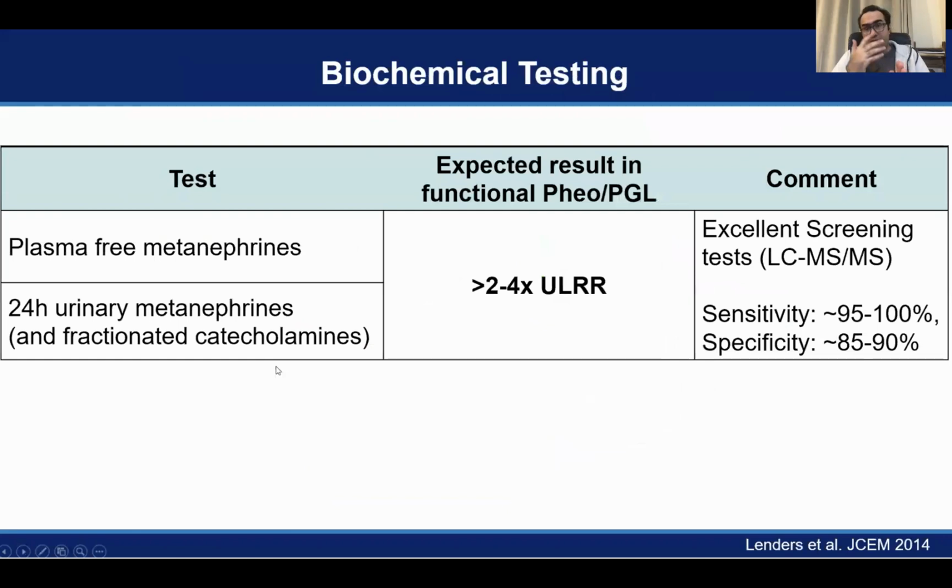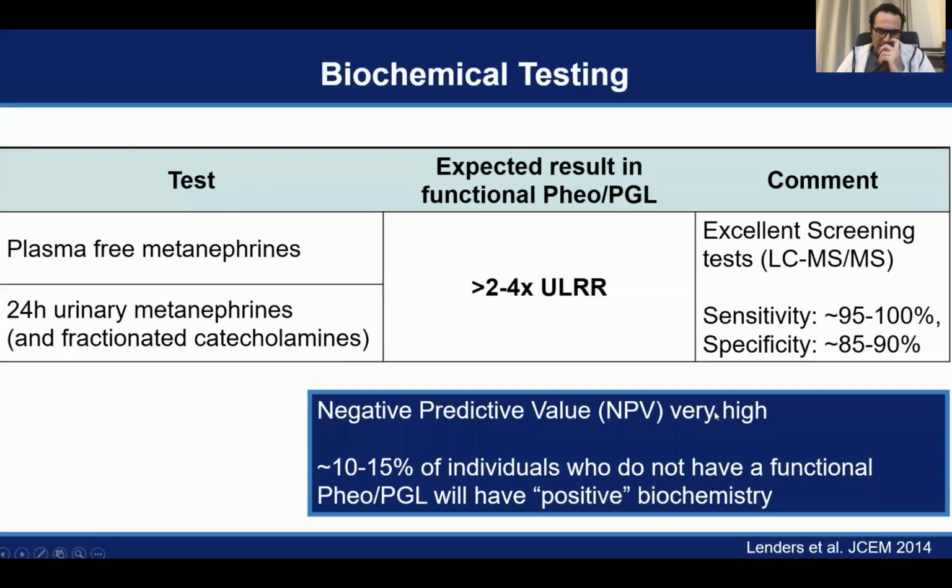It should be elevated 3 to 4 folds to say that this is most likely a pheo or a paraganglioma. The sensitivity and specificity are high, especially the sensitivity, which is almost 100%, but specificity is 85 to 90%. You can also do 24-hour urinary metanephrine, but that is cumbersome and difficult. So the test of choice will be plasma-free metanephrine, and it should be markedly elevated.